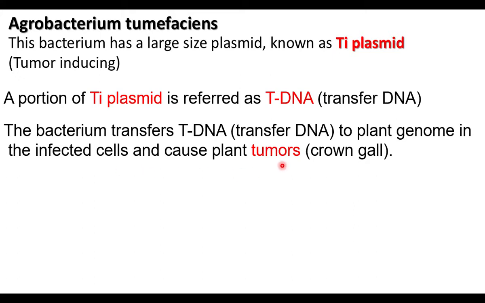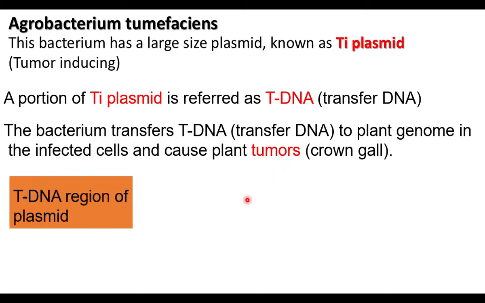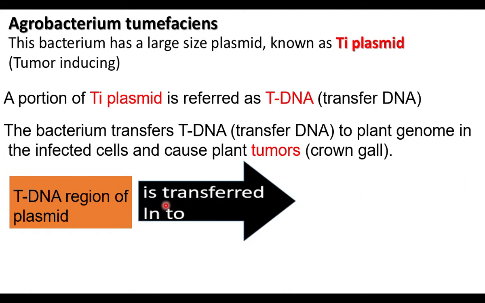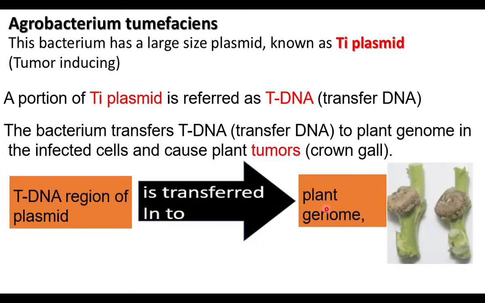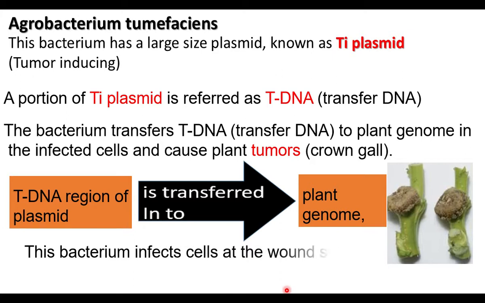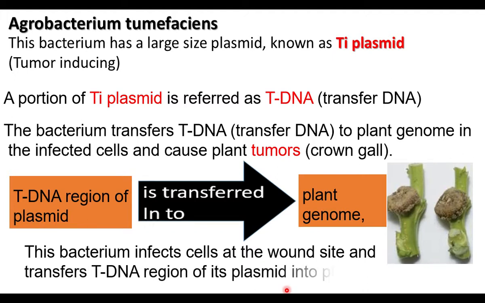The bacterium causes infection through the damaged area of the plant. The tDNA region of the plasmid is transferred into the plant genome while causing infection, which results in disease. This bacterium infects cells at the wound site and transfers the tDNA region of its plasmid into the plant genome.